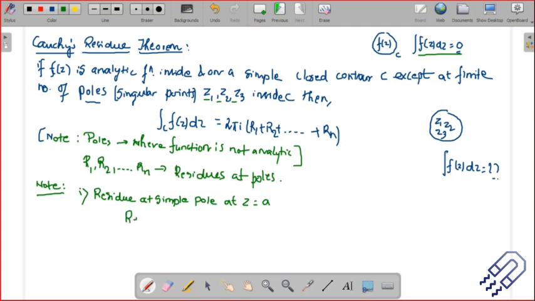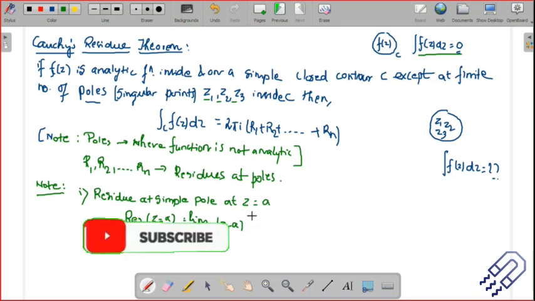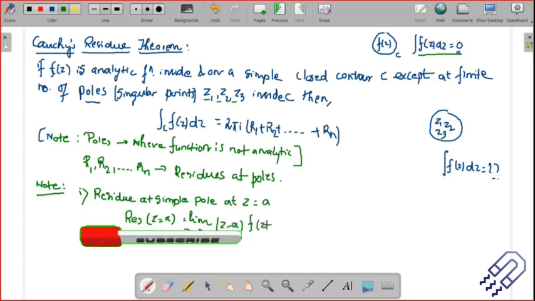If you want to find the residue at z equal to a, it is equal to the limit as z tends to a. So you are going to use the limit here. Certain theorems, the limit theorem and how to use limits, you should also know. The limit of (z minus a) f of z. That's for a simple pole.